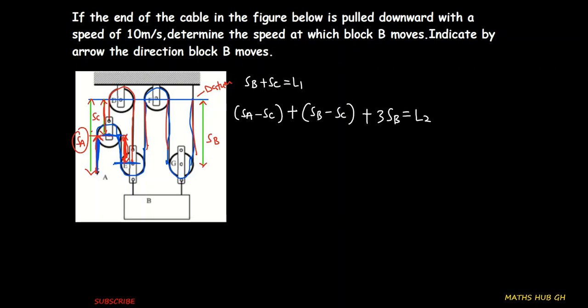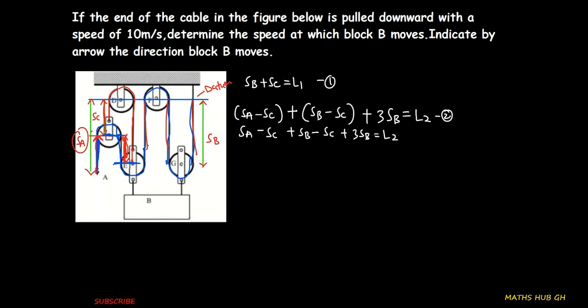So now let's simplify equation 2. For equation 2, we are going to have SA, I'm taking them out of the bracket, minus SC plus SB minus SC plus 3SB to be equal to L2.